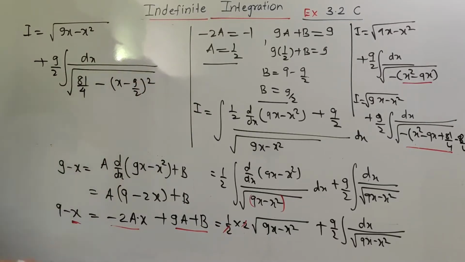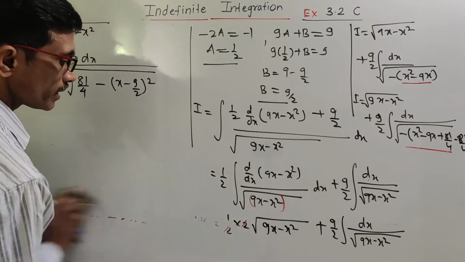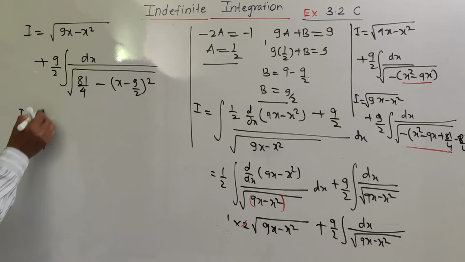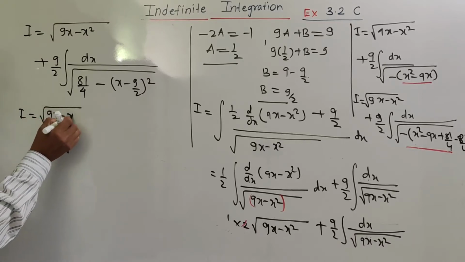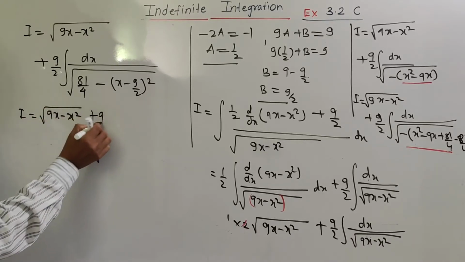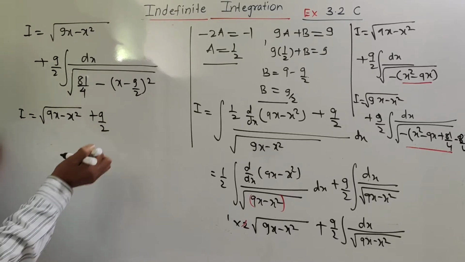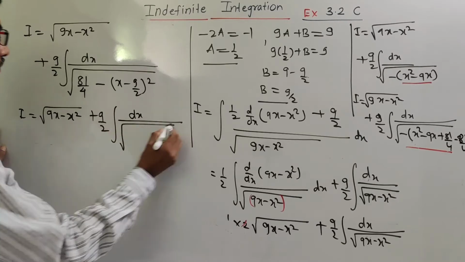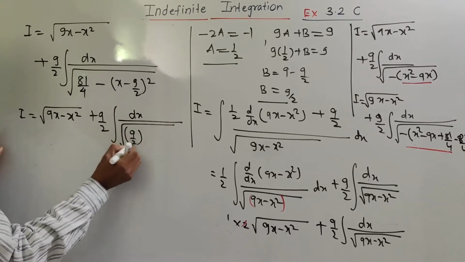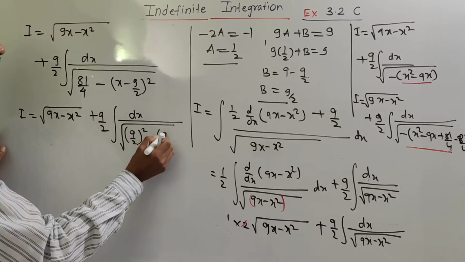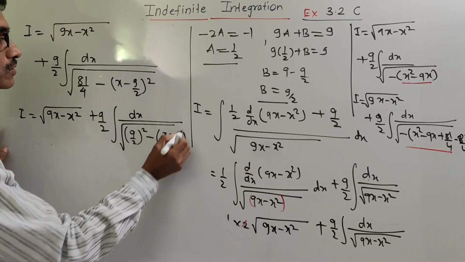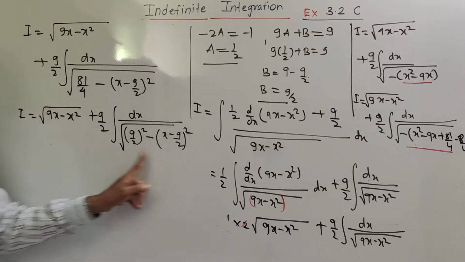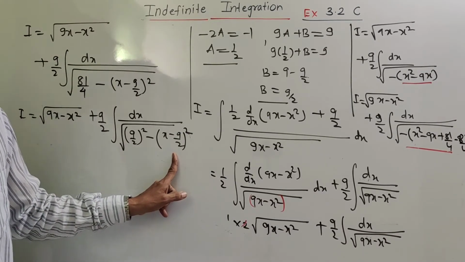Now our integral is of the form dx upon root of a square minus x square. Root of 9x minus x square plus 9 by 2, dx upon root of 9 by 2 whole square minus x minus 9 by 2 whole square. The integral of dx upon root of a square minus x square is sine inverse of x upon a.